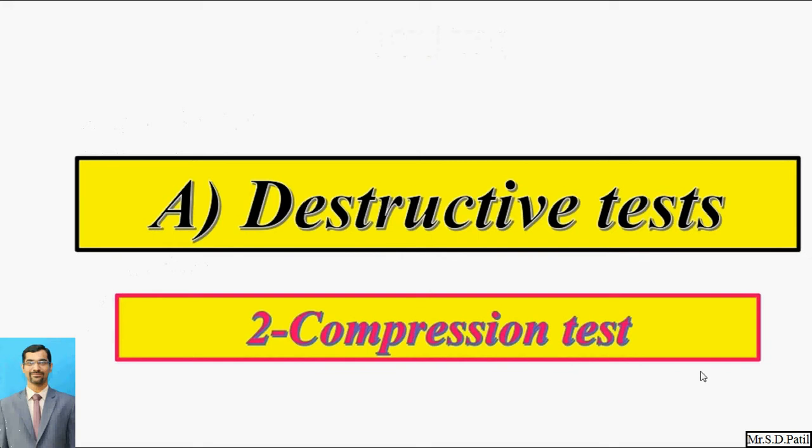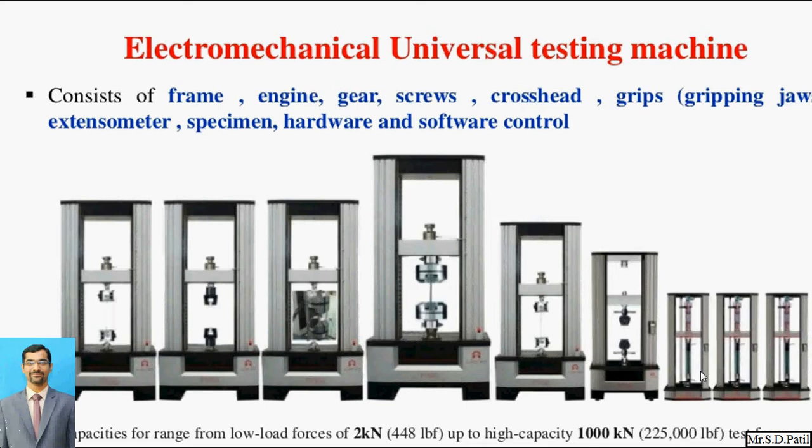So basically the compressive test comes under destructive testing. These are some diagrams which show the electromechanical universal testing machine. So basically the UTM is used to conduct the compressive test, or there is a separate compressive testing machine which is used to determine the compressive strength of concrete also.